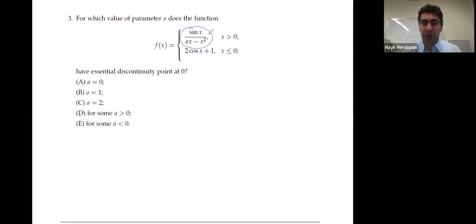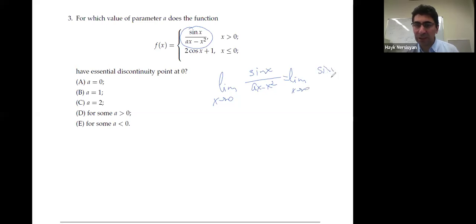So when x goes to 0, what can we say about the limit of sine x divided by (ax minus x squared)? We can rewrite this as the limit as x goes to 0 of (sine x over x) times 1 divided by (a minus x).